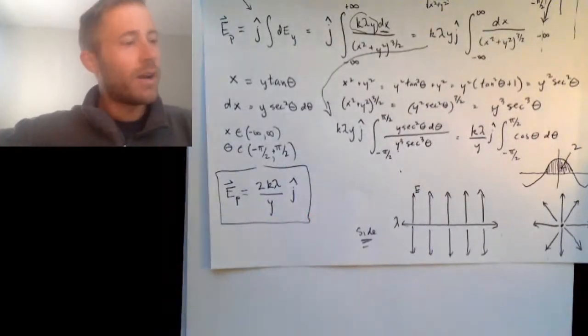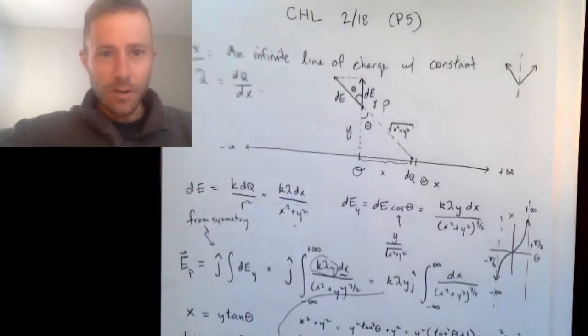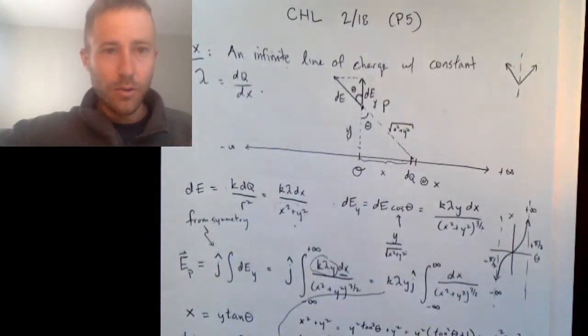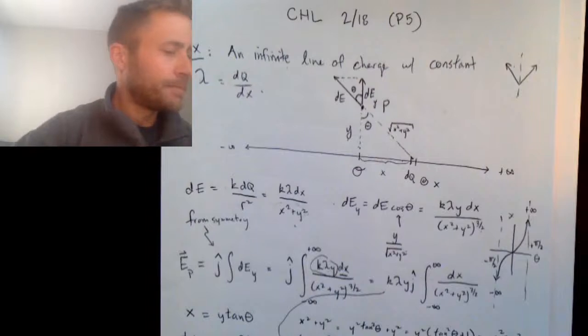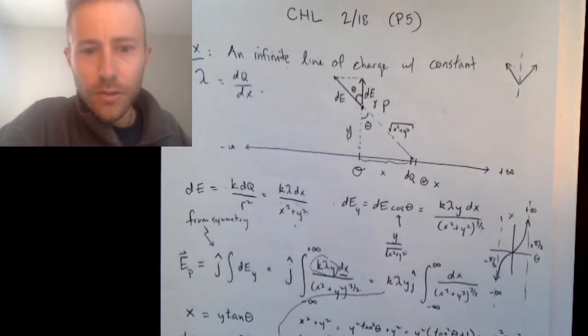If you have a finite segment of line, you are going to have both an x component and a y component in general. So that is an important point.